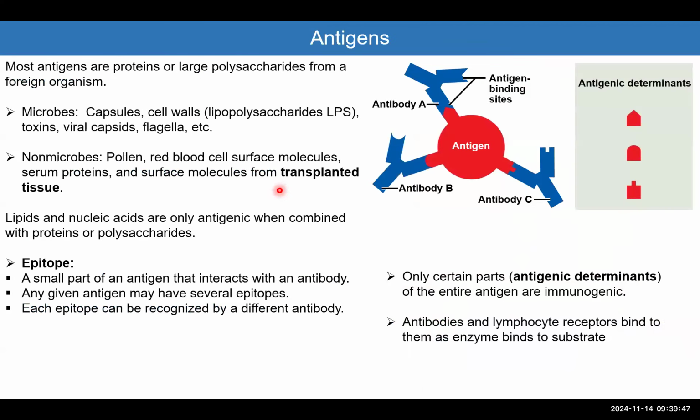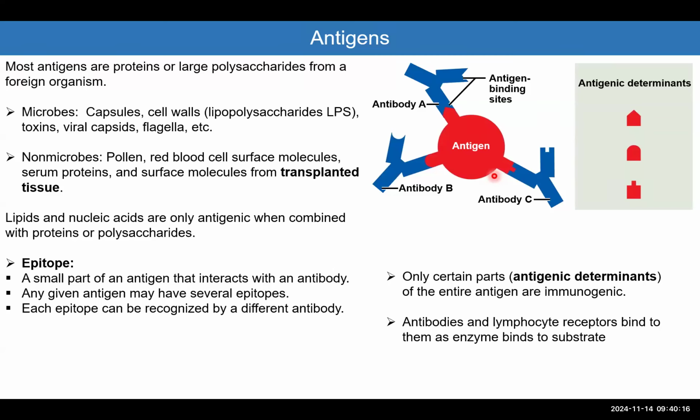Okay? So what are the antigens? And how do we identify antigens based on different types of antibodies? So the definition of an antigen, in principle, from an immunological point of view, is a protein that is not really expressed in your body.